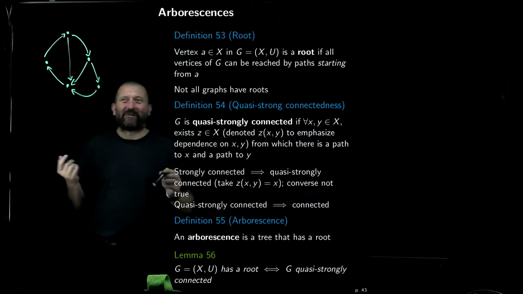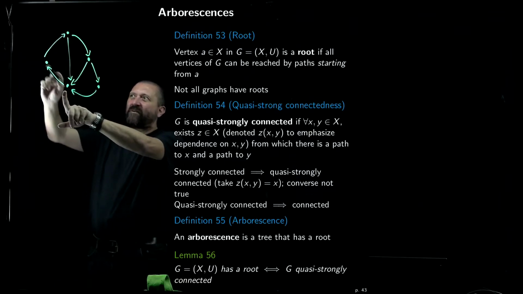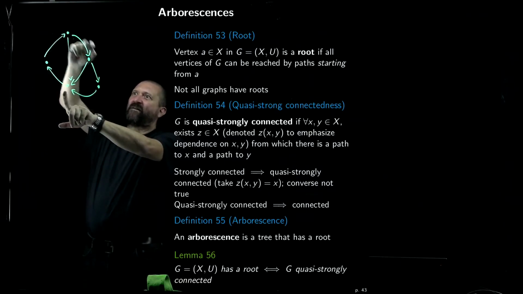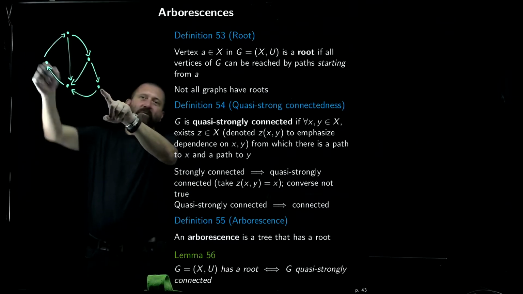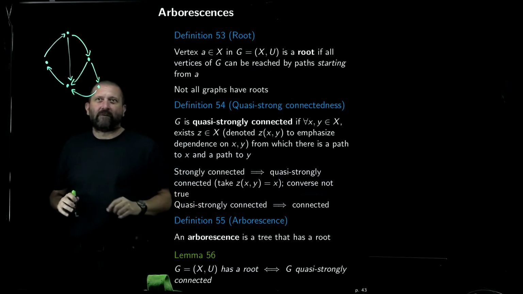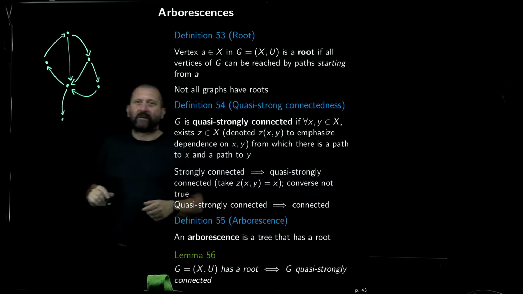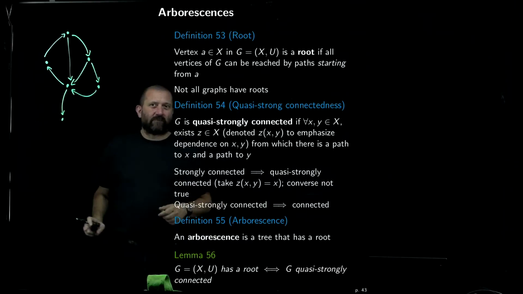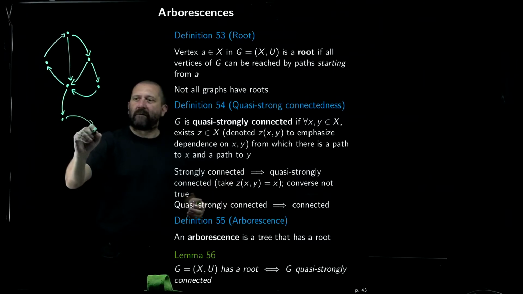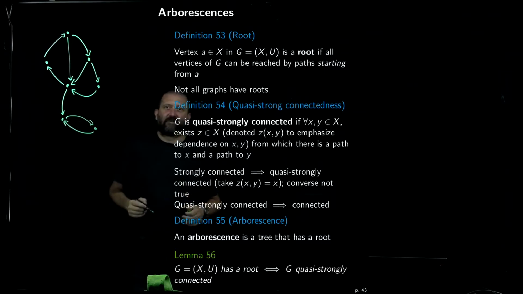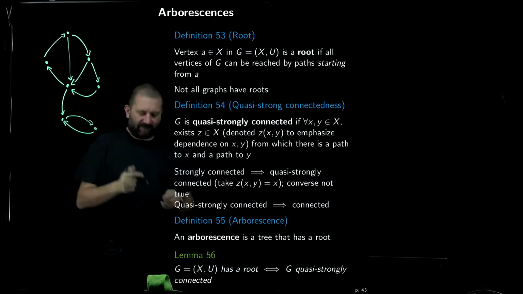Okay, because the graph is strongly connected. So if you think about it, this is a root because I have access to all the other vertices from here. But this is also a root because I have access to all the other vertices from here. But I could think also of adding one guy here. That would not be a root because that does not have access to anything else. It doesn't matter if, for instance, this is something like this. Still, those two guys cannot be roots. Okay?